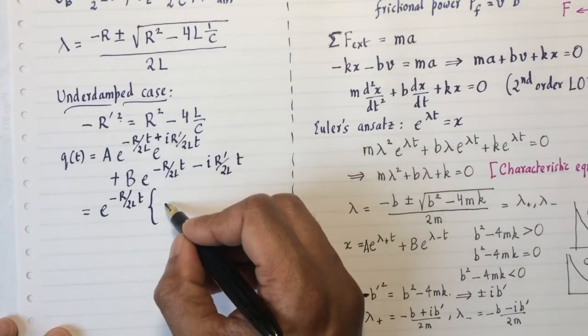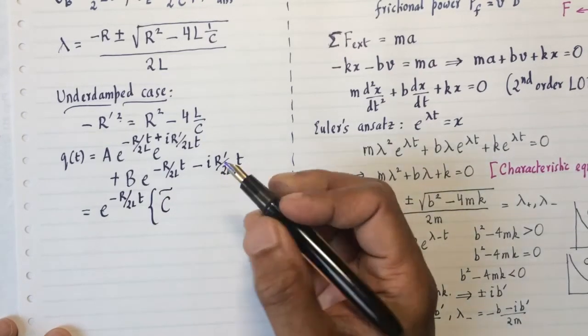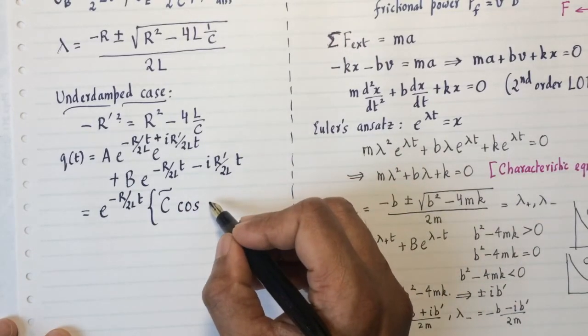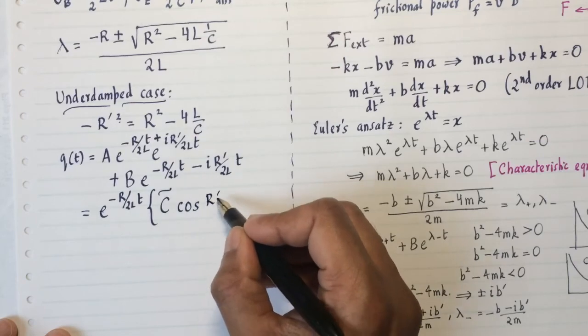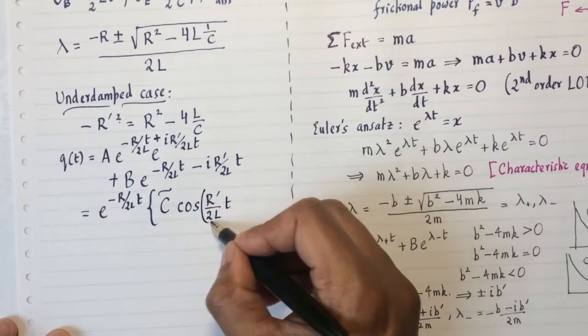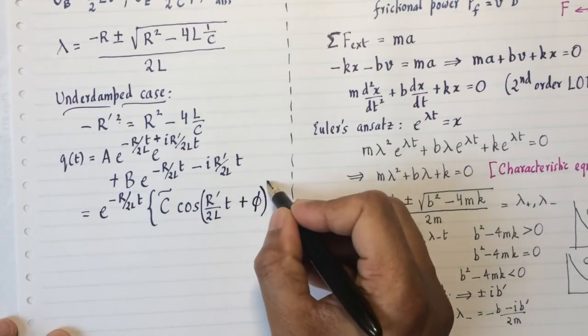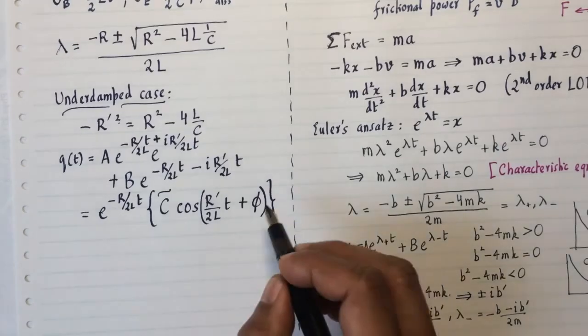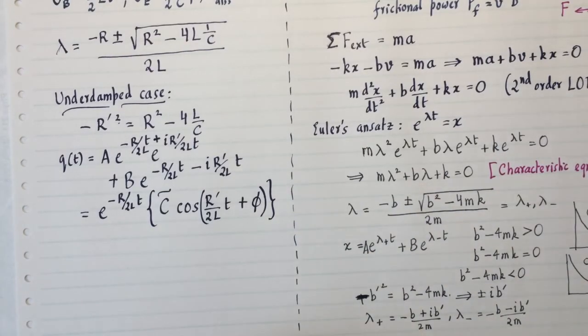So I'll write this as C tilde, which was my notation in the previous video, times cosine of r prime over 2L times t plus some phase factor phi. This phase factor is very important in electrical circuits, and there's an entire theory known as electrical phasor theory developed using just the phase constant. So if you're an electrical engineer, you'll be spending the rest of your life doing phase diagrams based on this. So this gives us the complete solution.